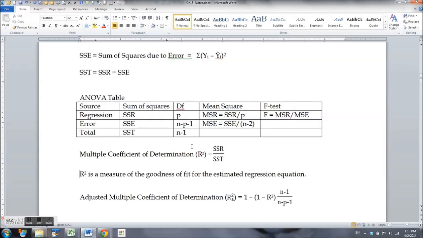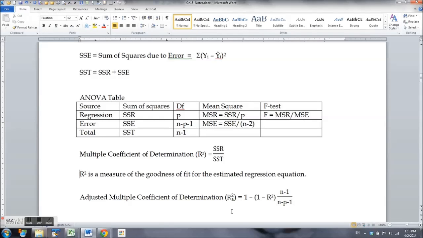Therefore, if your intention is simply to maximize R squared, you can bring in all sorts of x variables, whether it is worthwhile or not, and your R squared will keep going up and up and up. But many of the x variables you bring in this way may add no value at all. So as you add more x variables, R squared is adjusted for the fact that the degrees of freedom for error keeps going down and down.